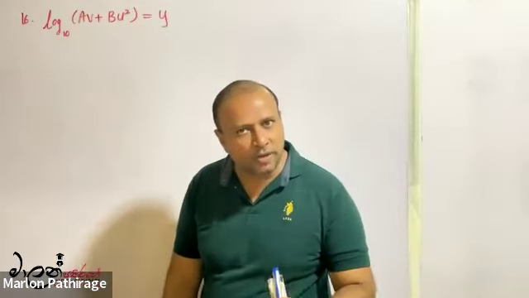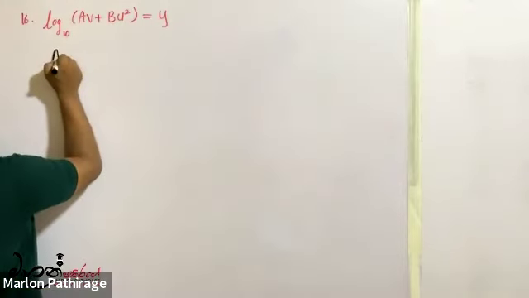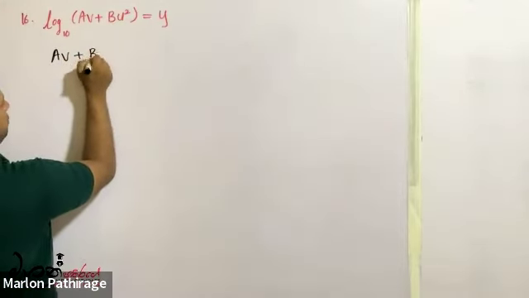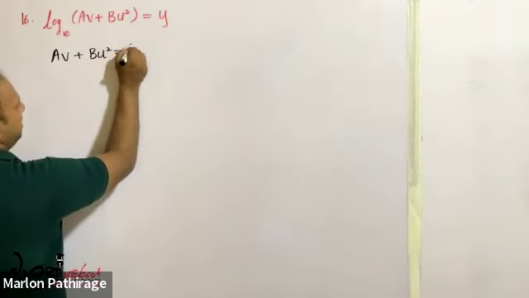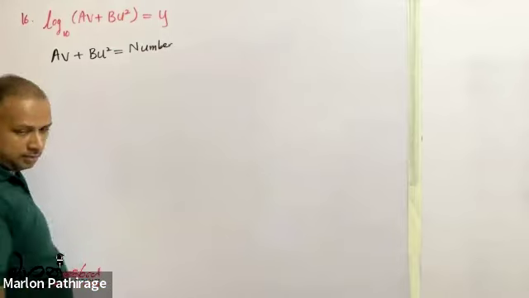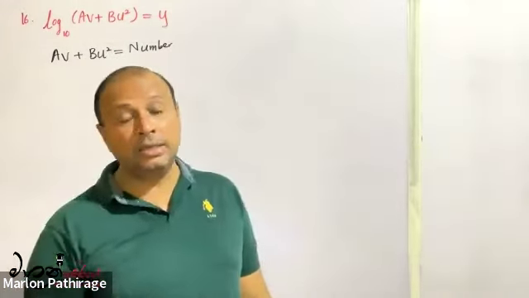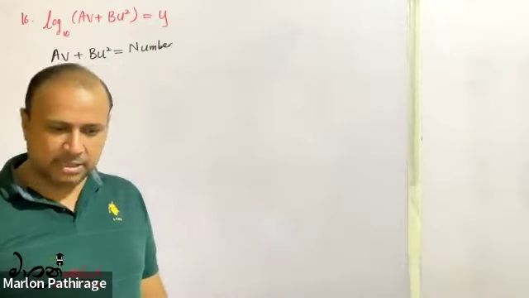Based on that argument, I can write AV plus BU squared is equal to a number.